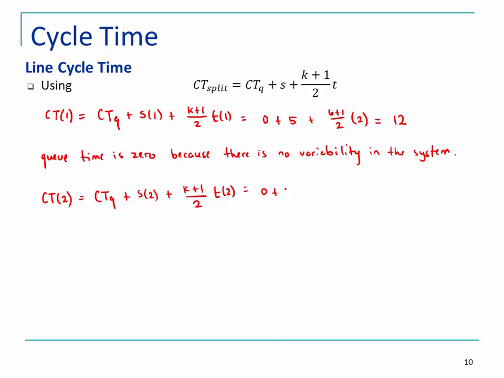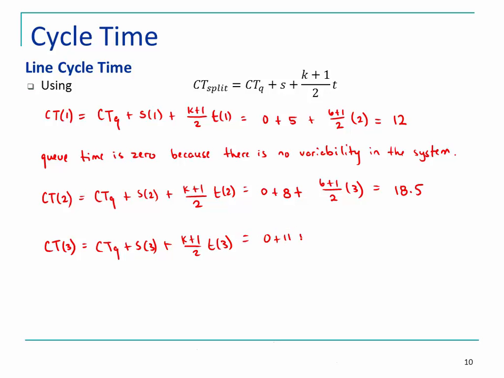This is 0 plus 8 plus (6 plus 1) divided by 2 times 3, so this is 18.5. And then for CT3, it's CTQ plus S3 plus (K plus 1) divided by 2 times T3. This is 0 plus 11 plus (6 plus 1) divided by 2 times 4. This is 25.